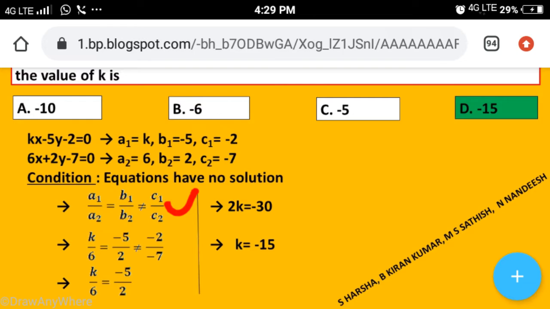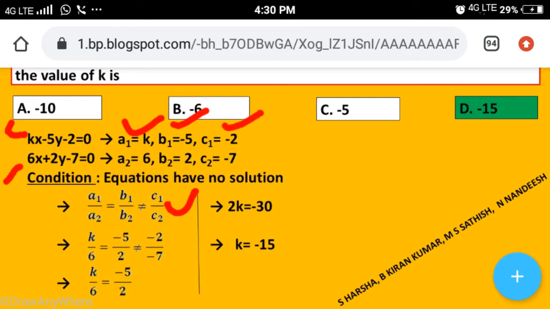From the above equations, in the first equation, kx minus 5y minus 2 equals 0, the value of a1 is k, the value of b1 is minus 5 and the value of c1 is minus 2.